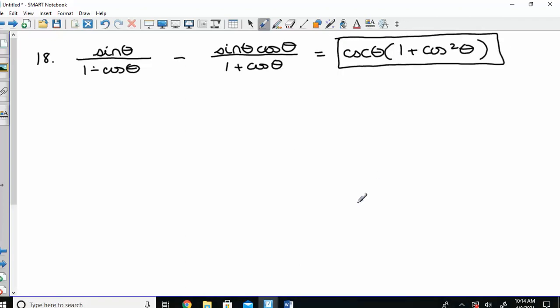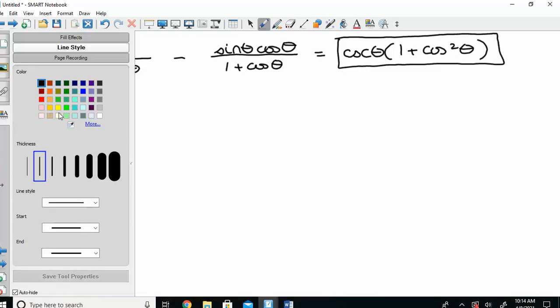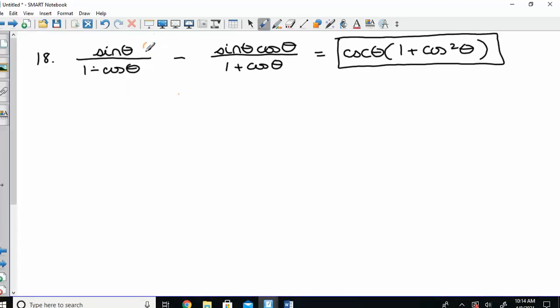Remember, I expect to see 2 boxes on every problem that match, so I know where you started and where you ended. If you want to add or subtract fractions, we need a common denominator, so I'm going to take this one times 1 plus cosine theta on top and bottom. And this one times 1 minus cosine theta on top and bottom.